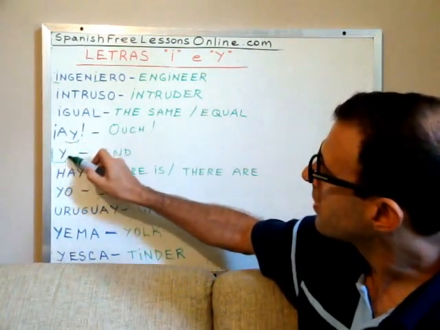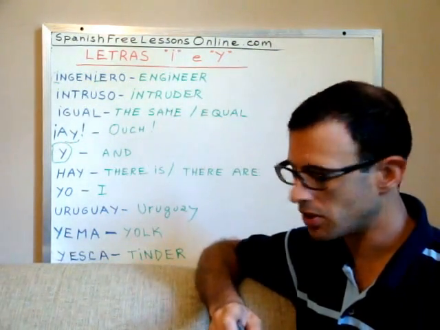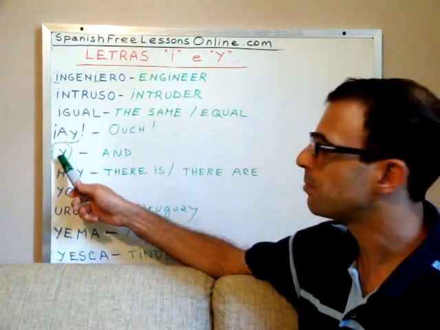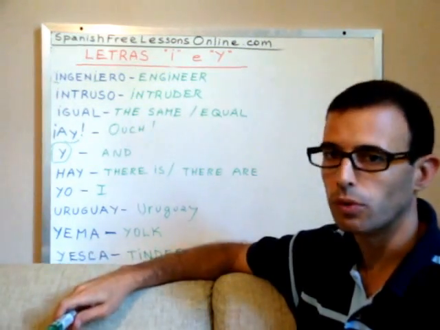This is a word by itself, y, means and, right? A and D, the conjunctive word and. This is pronounced I, simply I. That's all, that's the word.